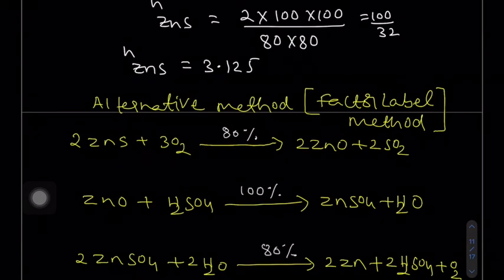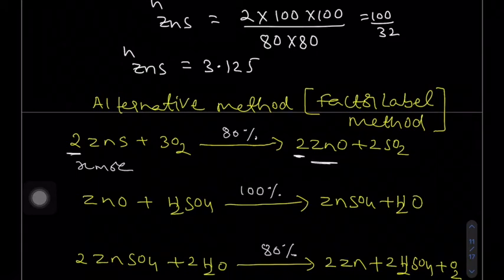Now here, let's suppose I have X moles of ZnS. Now 2 moles of ZnS will give 2 moles of ZnO. So from X moles of ZnS, how many moles of ZnO will you obtain? X moles. Come to the second equation. Remember, it is 100%.